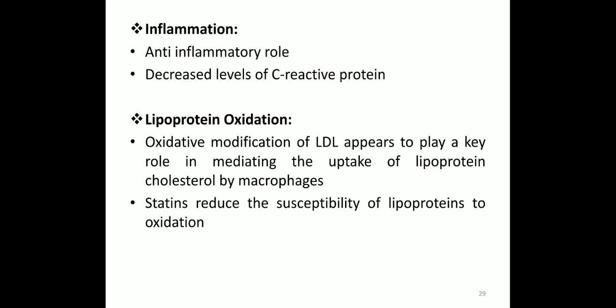When there is oxidation of LDL, it has more propensity to be engulfed by macrophages. So when statin decreases the oxidation of LDL, less of it goes to the macrophages for engulfing. So this is the beneficial effect. It decreases the lipoprotein oxidation.